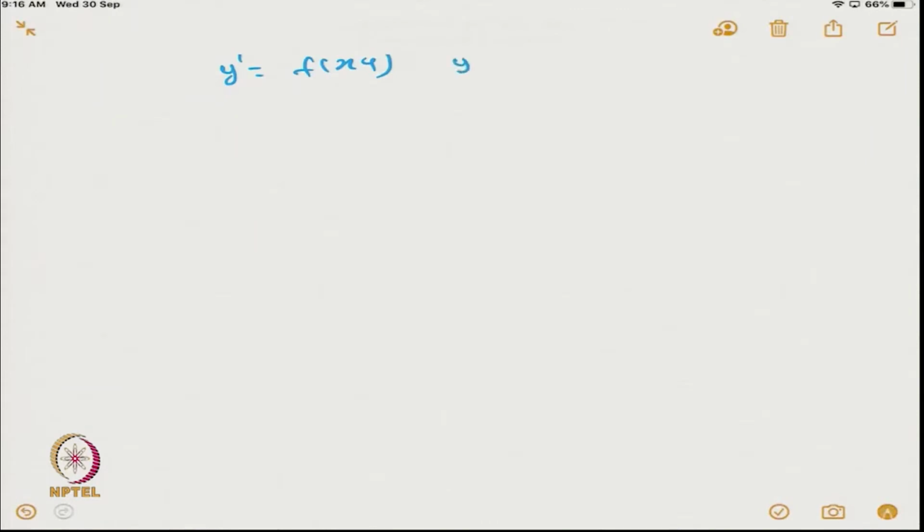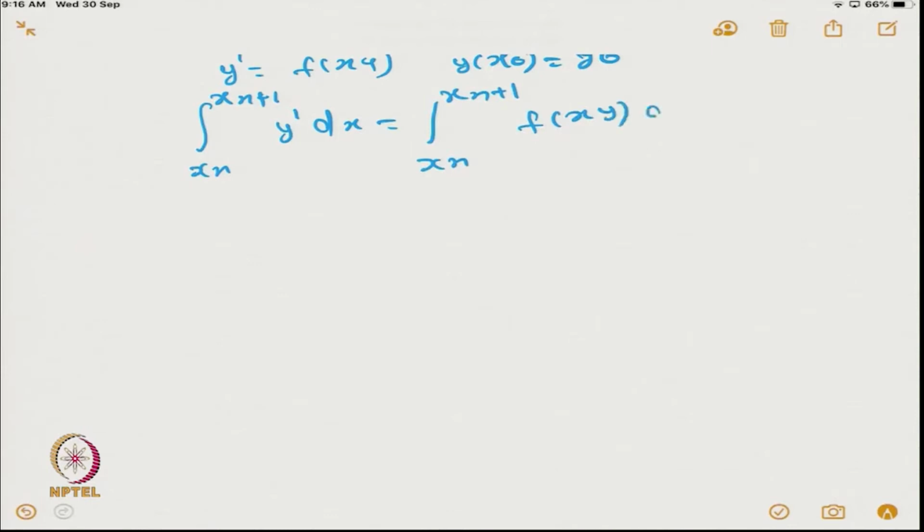Let me integrate both the sides from xn to xn plus 1.